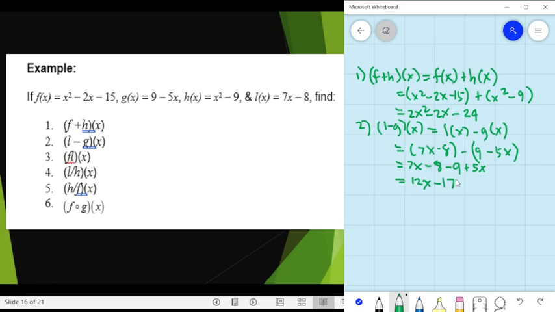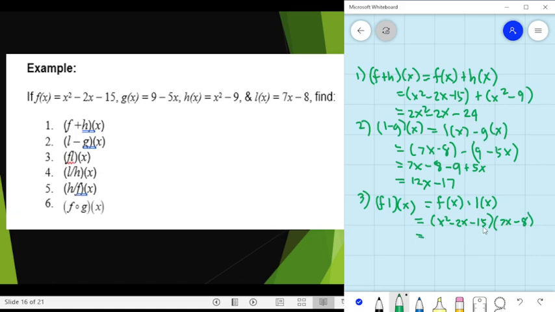Okay. Next number is number 3. Number 3 is we have FL of x. So FL of x is the same as multiplying f of x times L of x. So our f of x is we have x squared minus 2x minus 15 multiplied to L of x is 7x minus 8.